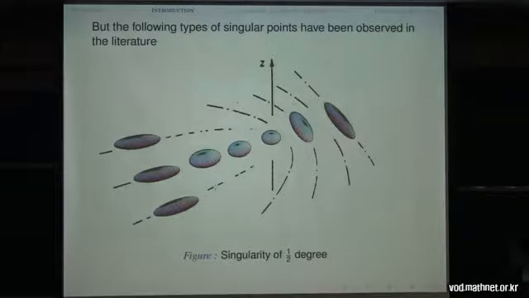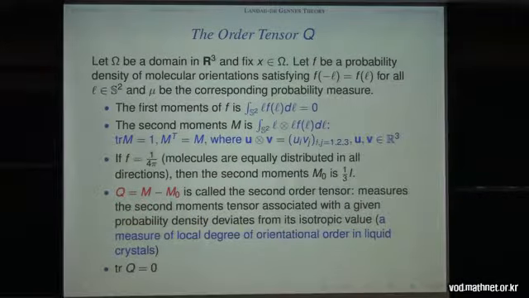So we need more theory to describe this kind of situation. That's why we need a more general theory for liquid crystals, the Landau-de Gennes theory. So from here, I'm going to stop and use the blackboard from now on.